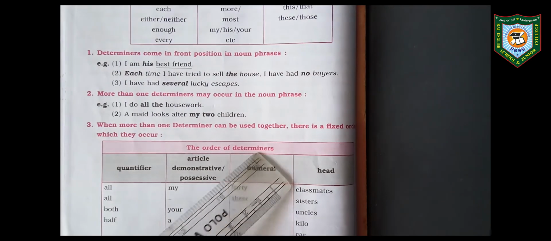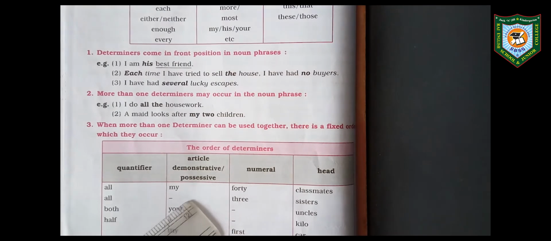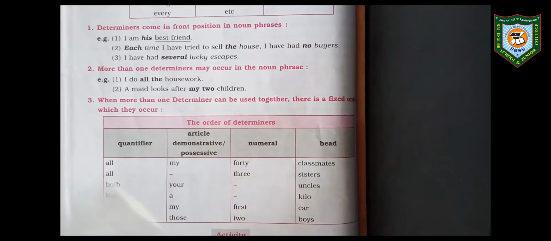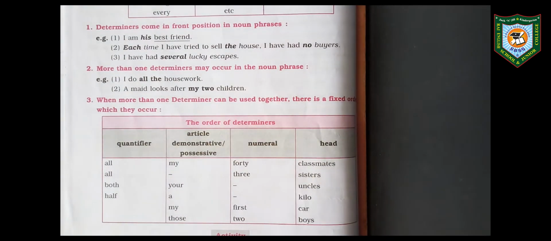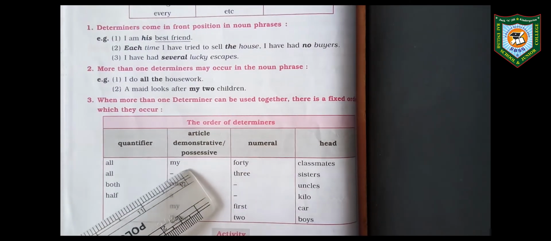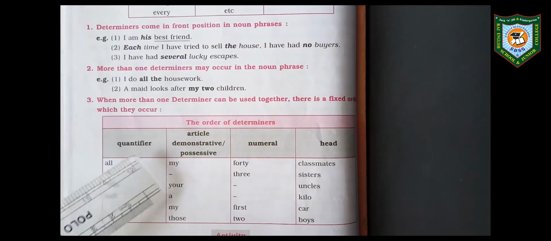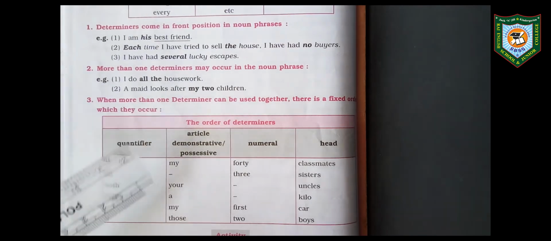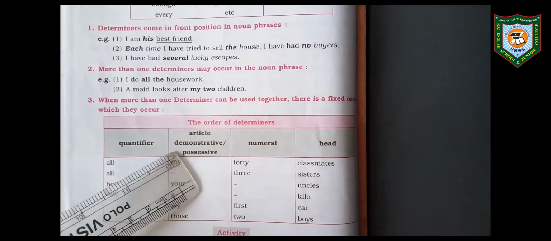Now see, it's an order, the order of determiners. It is not for you, but we are going to take a glance. Actually, the sentence will be there. We just have to find out determiners. All, both, half, these are quantifiers. Then articles, demonstratives, possessives, means my, your, a, article, my, those, these are related to demonstrative or possessive.